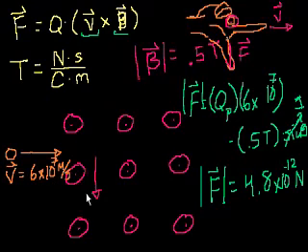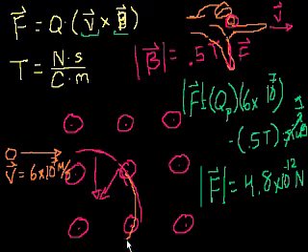And so what's going to happen? Well, if you remember a little bit about your circular motion and your centripetal acceleration, what happens when you have a force perpendicular to velocity? If you have a force here and the velocity is like that, the particle will be deflected a little bit to the right. And then, since the force is always going to be perpendicular to the velocity vector, the particle is actually going to go in a circle.